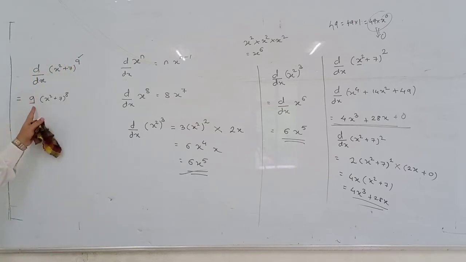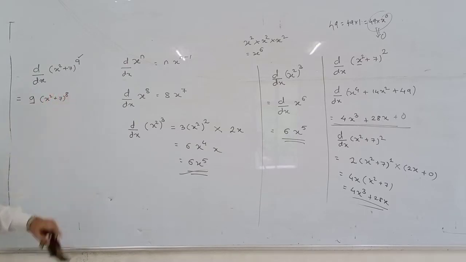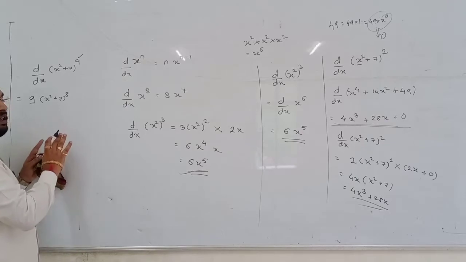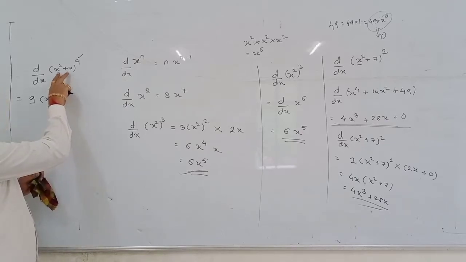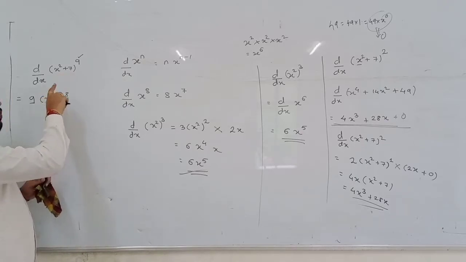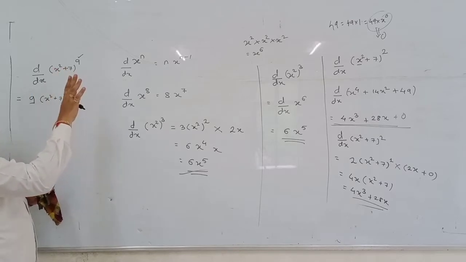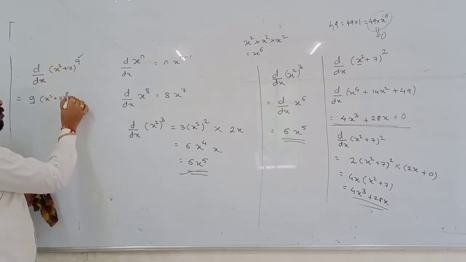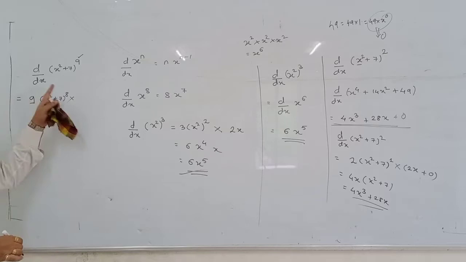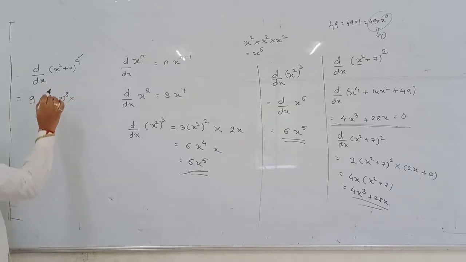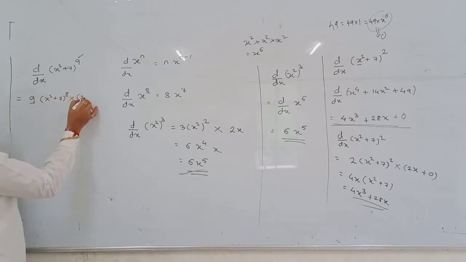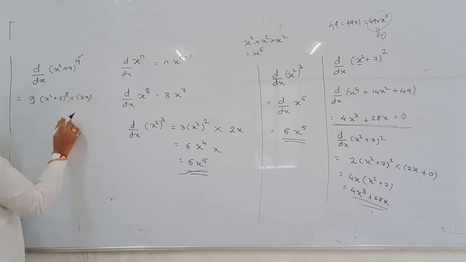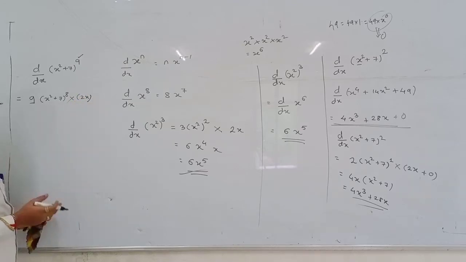So 9 has come down, and what has it become? 8. Don't stop here. When is this possible? If x is present here, but here something other than x is there, so differentiate it again, in the product. Differentiate this again. So what is the differentiation of x square? It is 2x. What is the differentiation of 7? 0.